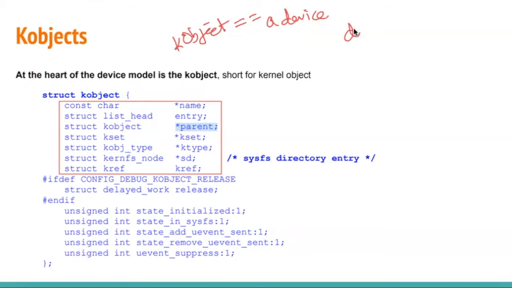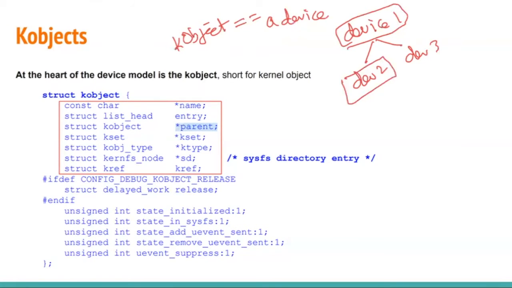Like we have device 1 and then dev 2 and dev 3. So if we have a k object for this device, then the parent will point to the k object of this device. In this way we have a hierarchy or tree-like structure between the k objects.